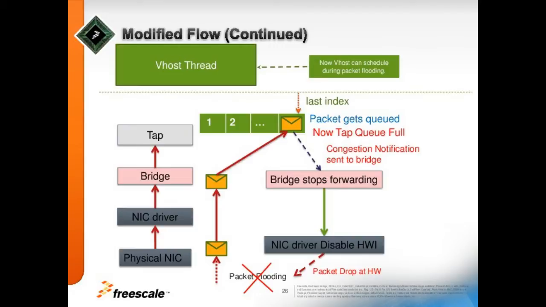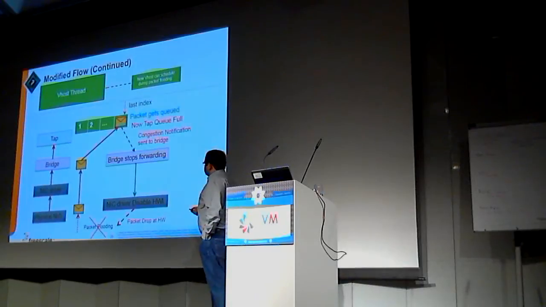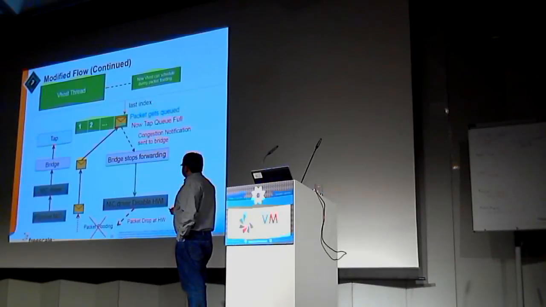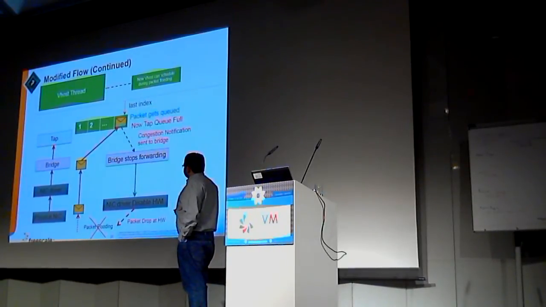With this, we were able to avoid the situation we had hit earlier, where we had a complete denial of service because the tap socket queue was full and we had to drop packets. So now what we had was a feedback mechanism, which we implemented from the tap socket to the physical NIC.